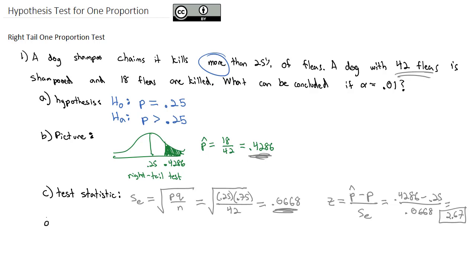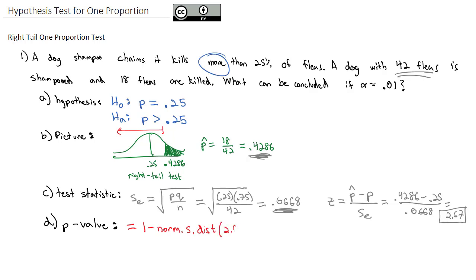Now that we know our test statistic, we're ready to calculate the p-value. The p-value we find using Excel, and we do it with the NORM.S.DIST command. But if I look at the picture, NORM.S.DIST will give me the area to the left. We want the area to the right. So we need to make sure we account for that in Excel and do 1 minus NORM.S.DIST.